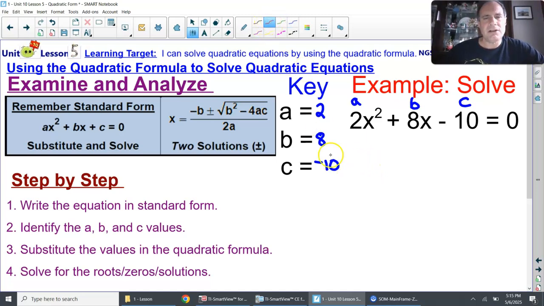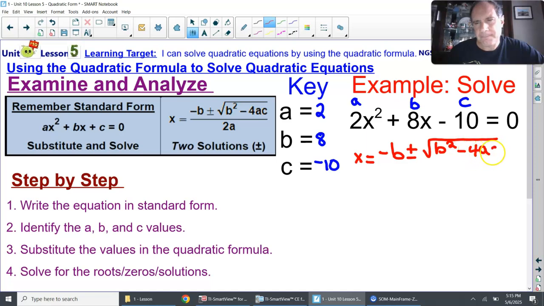So when I substitute this in, I am going to write down the quadratic formula first. So x equals -b plus or minus the square root of b squared minus 4ac, all over 2 times a.